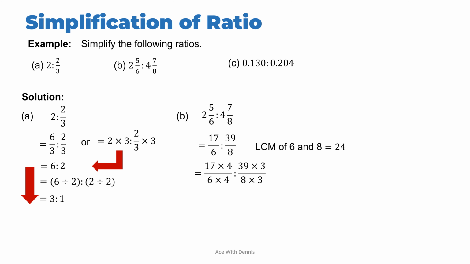Hence, we can make them have the common denominator of 24, and we get 68 over 24 to 117 over 24. So the ratio becomes 68 to 117. Or we can multiply both fractions by 24 to get rid of the denominator, and we get 68 to 117 as well.